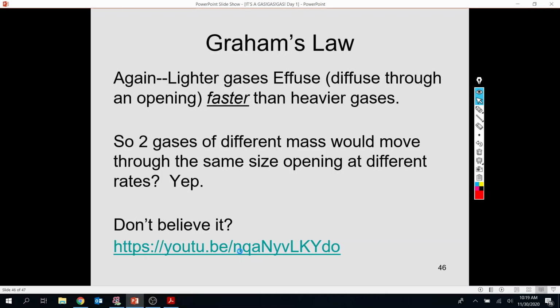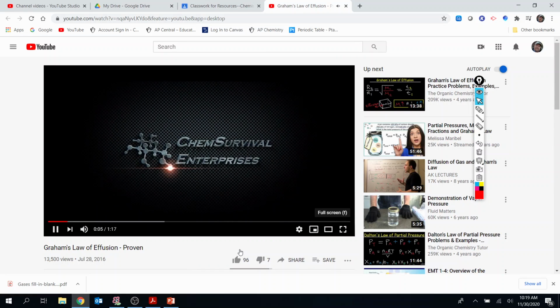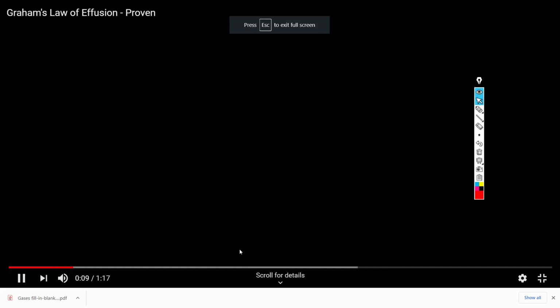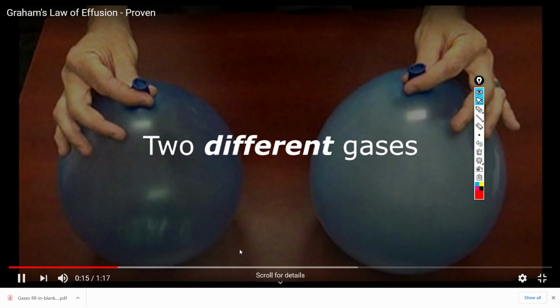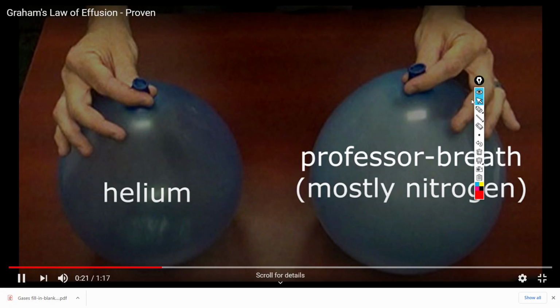And this is when we contact the server. And, okay, here we go. They're two identical balloons, but two different gases. One with helium and one with Professor Brett.